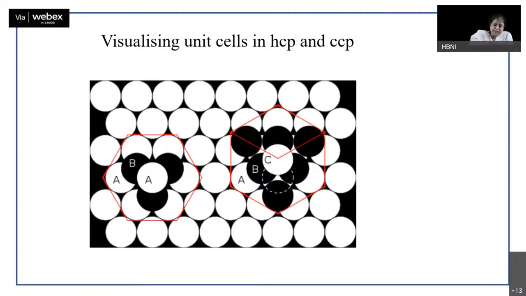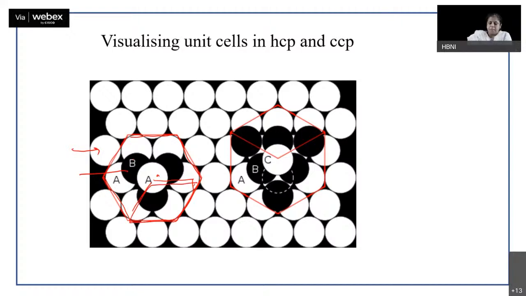If these are the close packed layers, this white layer, then this black layer, and again the top white layer. If it is an AB packing, you can visualize your hexagon like this, and your unit cell's basal plane would be this.